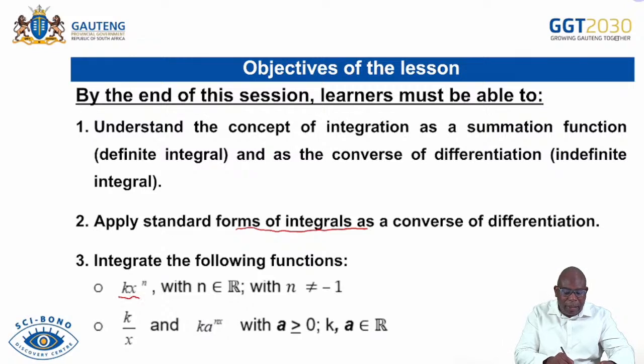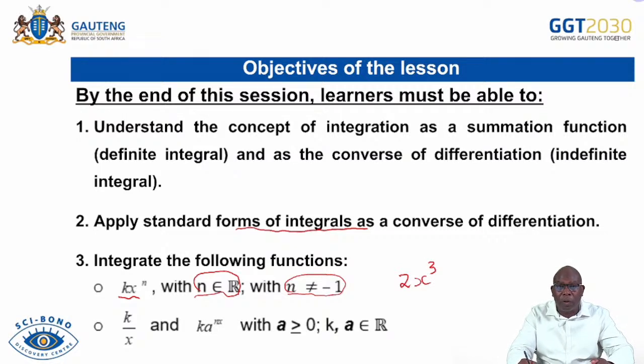k x to the power of n, where n is a real number, with n not equal to -1. So in other words, you'll see when we do this question. We're talking about questions like, if for instance, I've got 2x to the power of 3. So how am I going to do that? We're going to do questions based on that.